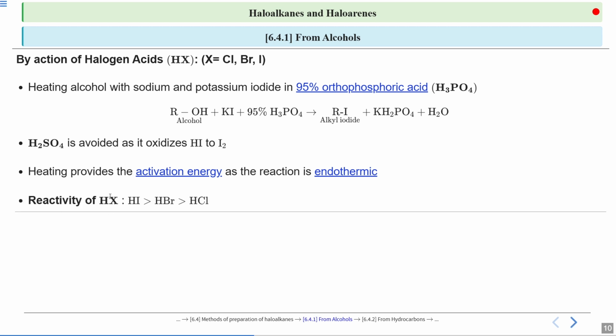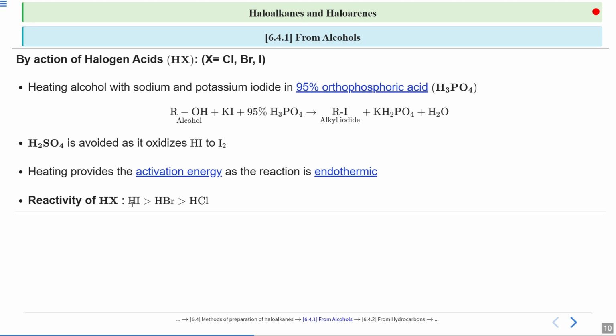The reactivity of hydrogen halides is highest for hydrogen iodide, then hydrogen bromide, and then hydrogen chloride. So if you compare the reactivity of the three hydrogen halides, that is HI, HBr, and HCl, HI has the highest reactivity, then HBr, and then HCl.